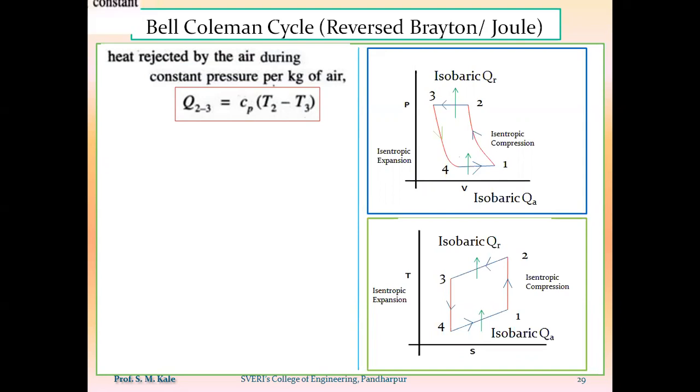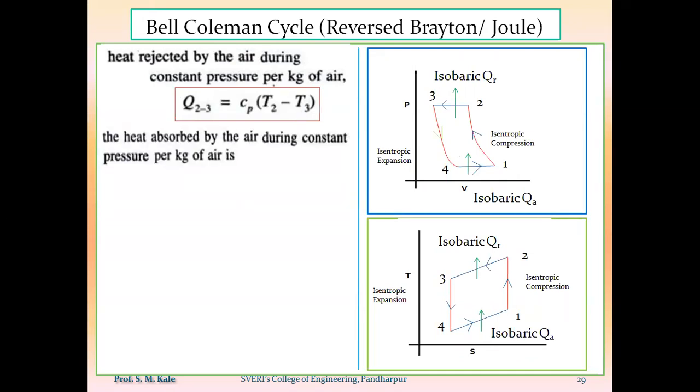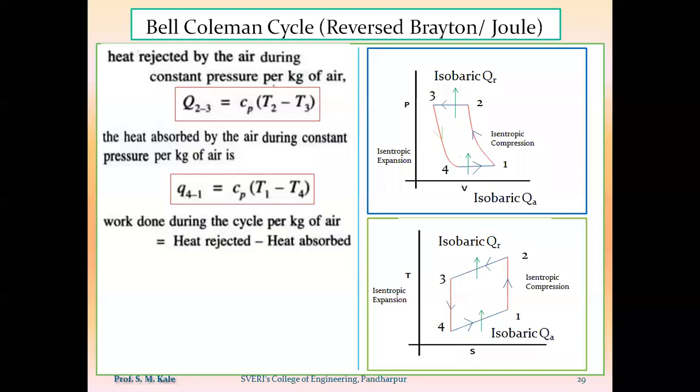In the same fashion, the amount of heat absorbed during process 4 to 1 inside the refrigerator per kg of air is calculated by the same formula, QA equals Cp into delta T, where delta T is T1 minus T4, higher temperature minus lower temperature. Now as I have the value of heat rejection and heat absorption, I can calculate the work done.